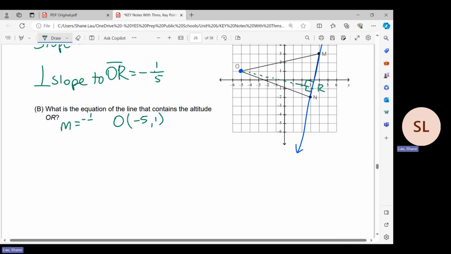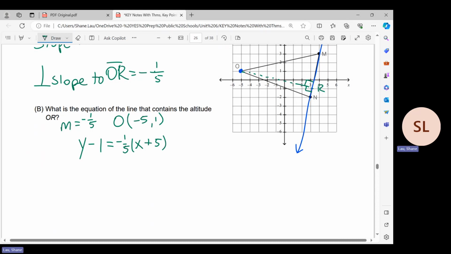So our m is -1/5. So our point slope will be y minus 1 equals -1/5 times x minus, since we have a -5, double negative, change it to a positive. And that's our point slope formula.